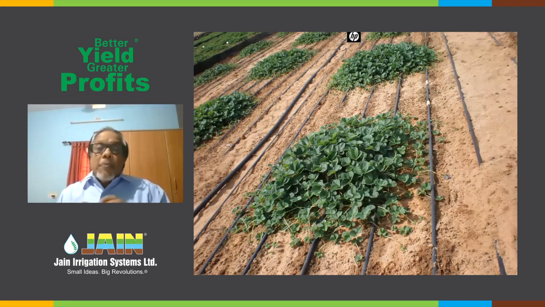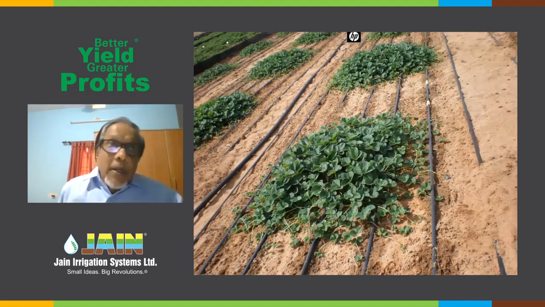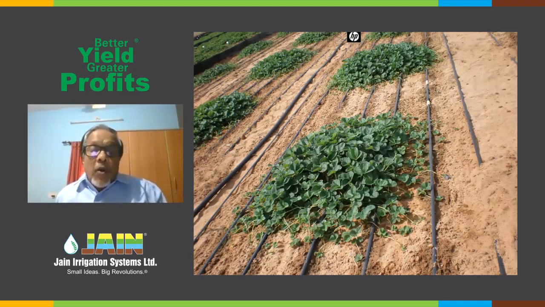Now this is probably going back to the commercial interest of the supplier and probably the lack of knowledge of the buyer or the grower. You don't need this many drip lines in that stretch of width of land to give a uniformly wet rhizosphere. But this is actually happening.